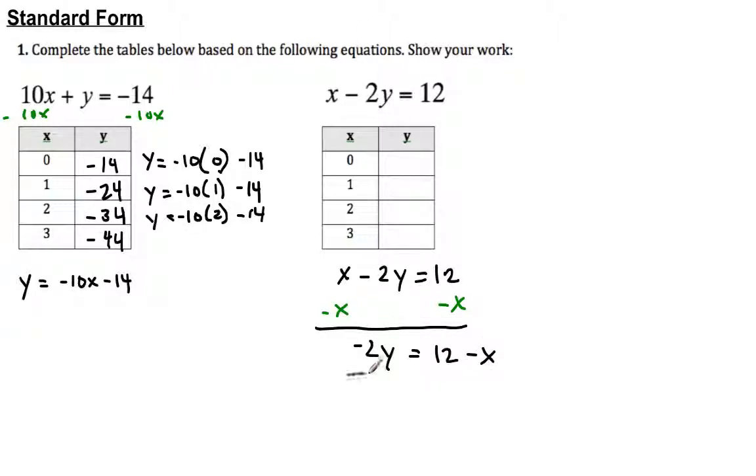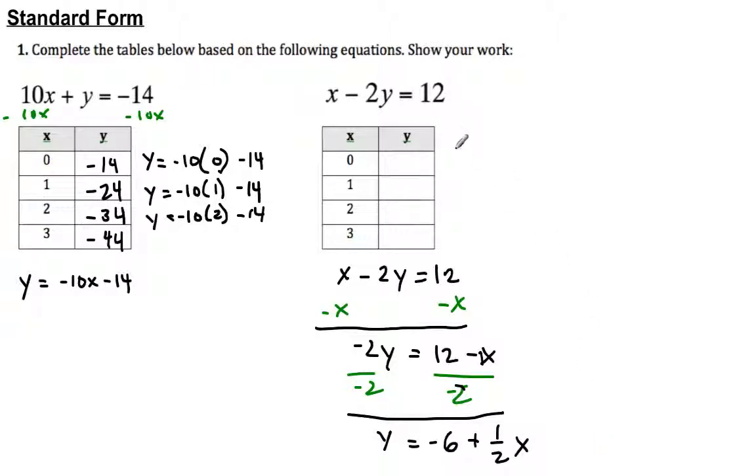Divide by negative 2. Okay, and we're left with y is equal to 12 divided by negative 2 is negative 6. And then negative 1 divided by negative 2 is plus 1/2 x.